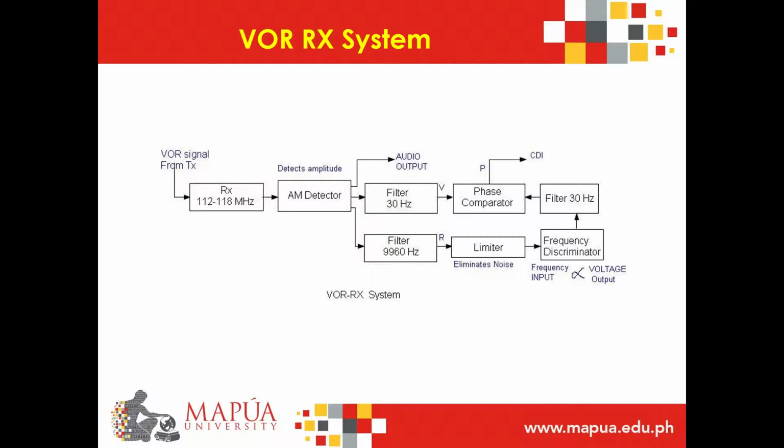Frequency of operation is, of course, very high frequency. The phase difference between R and V is calculated, which can be seen from the output of the phase comparator. The aircraft course deviation indicator shows the VOR radial reading. If the CDI becomes defective, a red flag will appear on the VOR system.